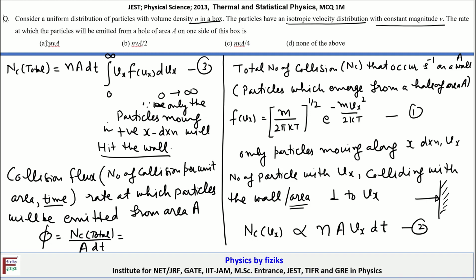We will be left with simply the number density and then the integral from 0 to infinity of Vx f of Vx dVx. Let's call this equation 4. Let's move to the next page.